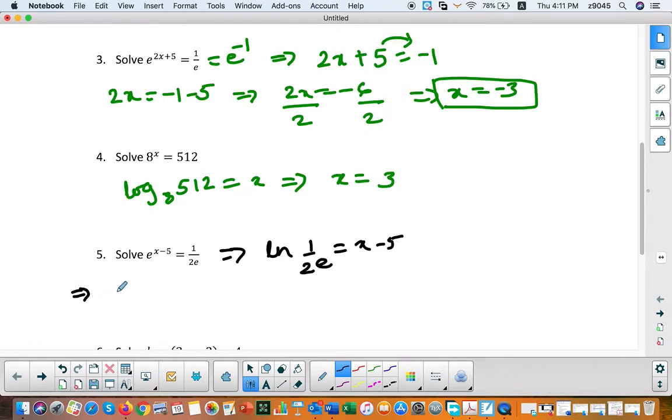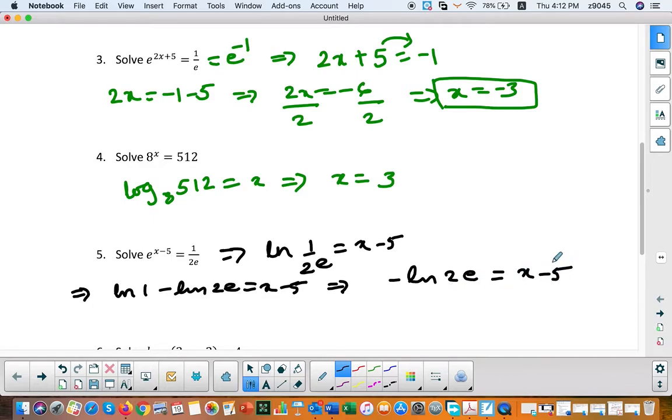By the property of log, ln 1 minus ln 2e equals x minus 5.